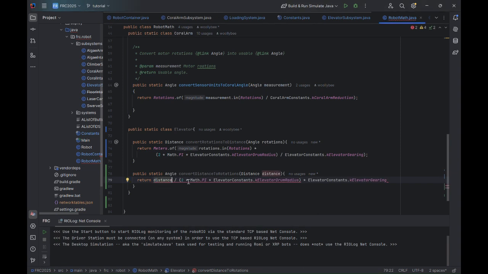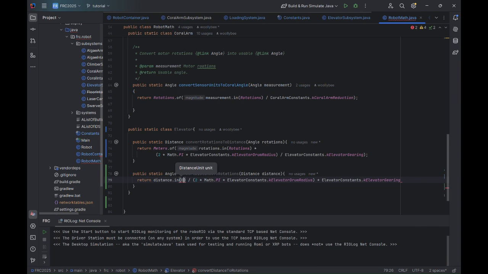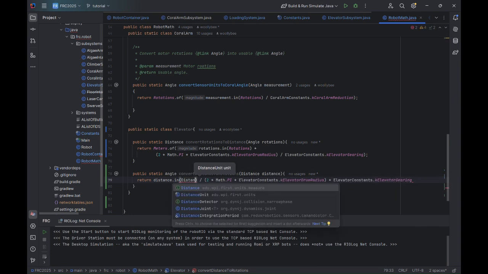We need to use distance, so convert it back to a double. It should be in meters.